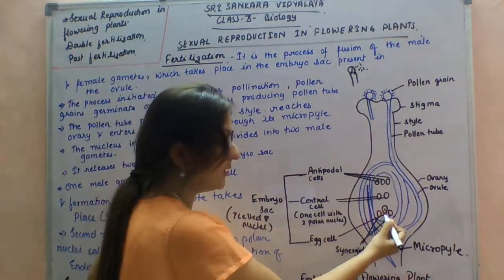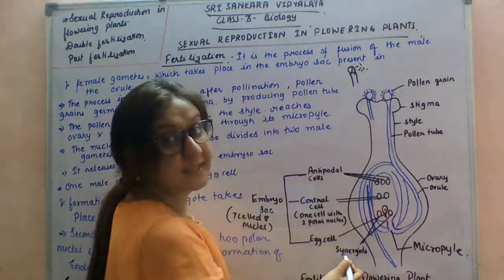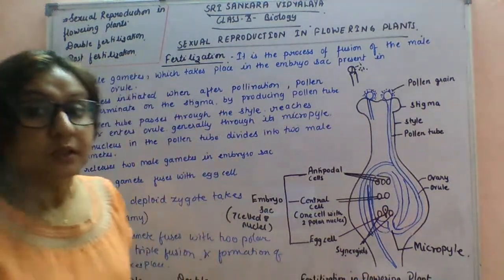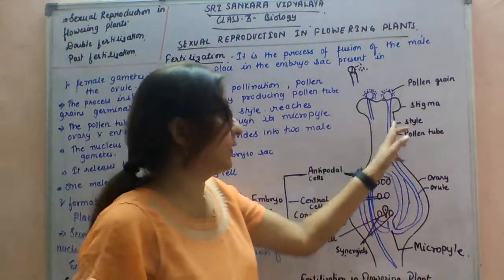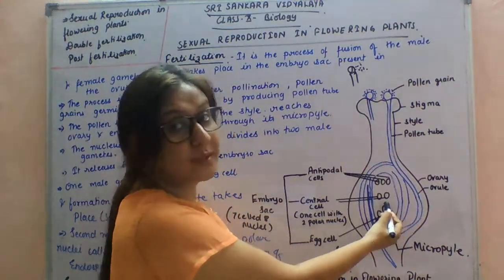The middle one is the egg cell, and these two are called synergids. Now these two male gametes enter this embryo sac.